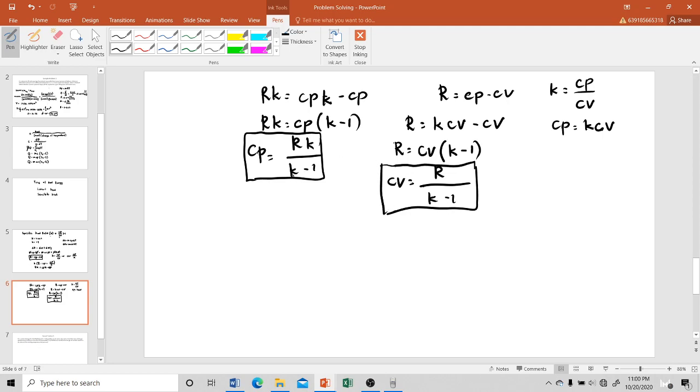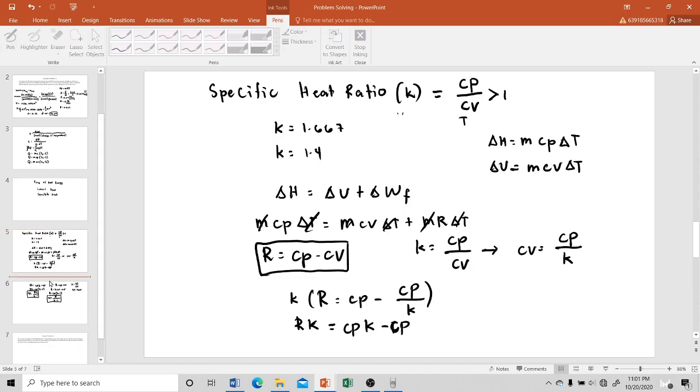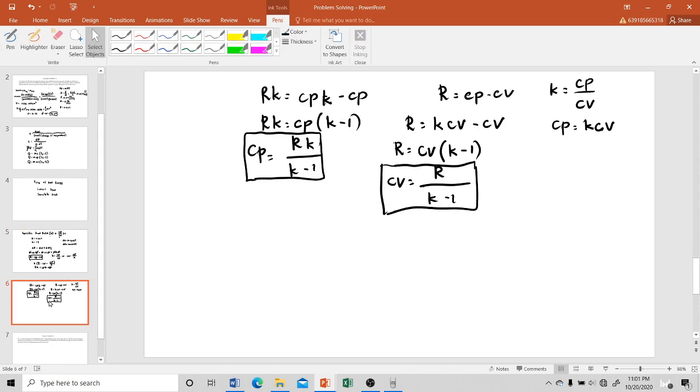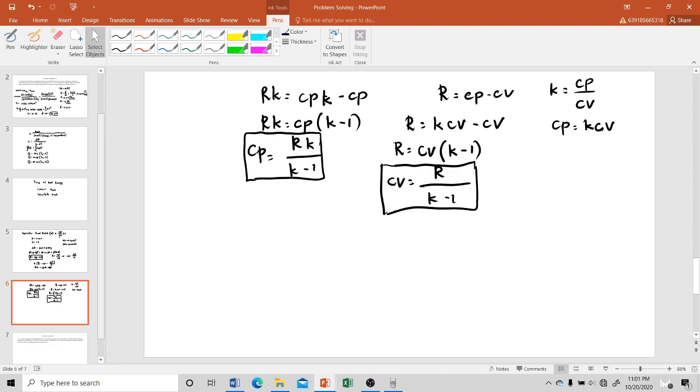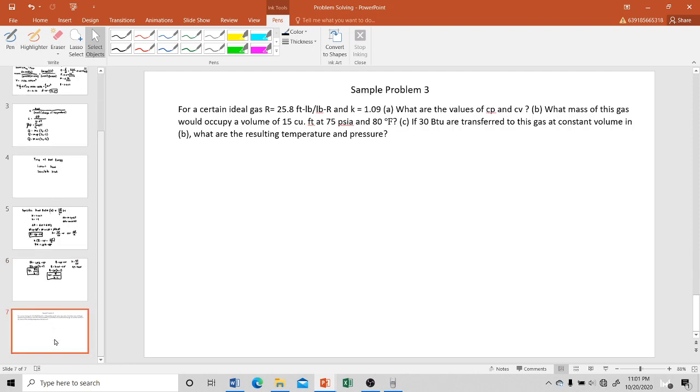So, this can be used to get Cp and Cv in terms of the given R and specific heat ratio. Now let us do example number 3 relating to specific heat.